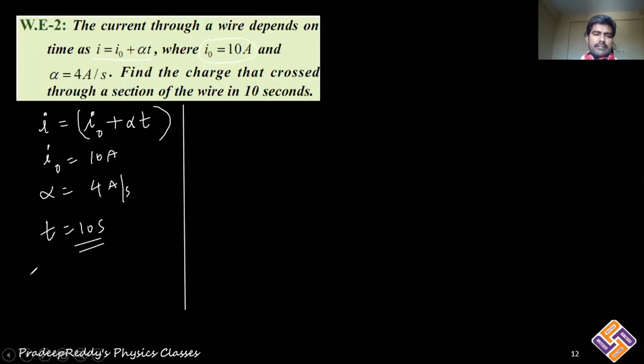As current is variable with respect to time, charge flow is also variable with respect to time. As we know, instantaneous current is equal to dq divided by dt. From here you can write dq is equal to I instantaneous into dt.